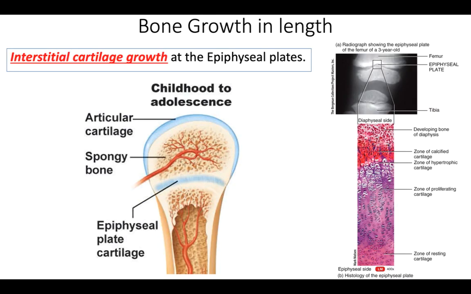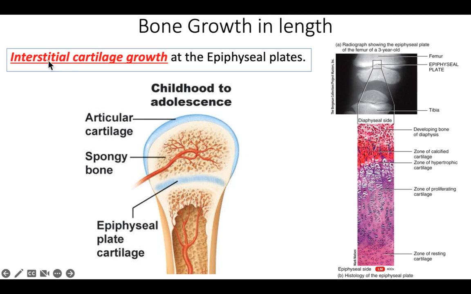Now we've got to look at how the bone grows in length, and we've kind of talked about this process. So here's that bone. Notice it says childhood to adolescence, so the bone is still growing in length. There's the epiphyseal plate or growth plate. This light blue represents cartilage, so we still have cartilage. This is where the primary ossification center was. This was that secondary. All right.